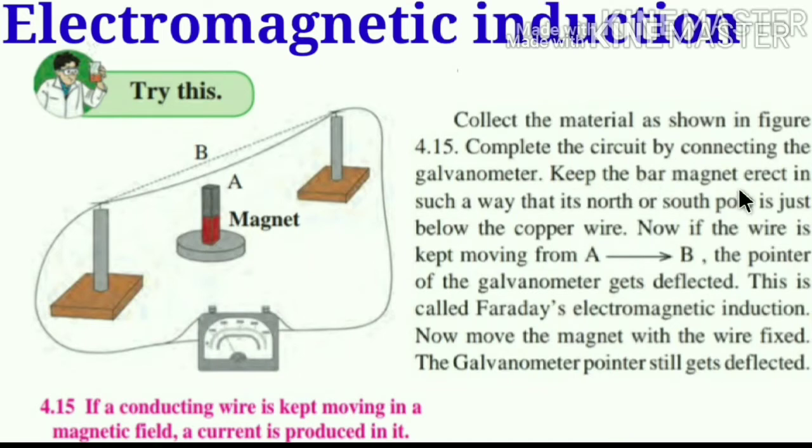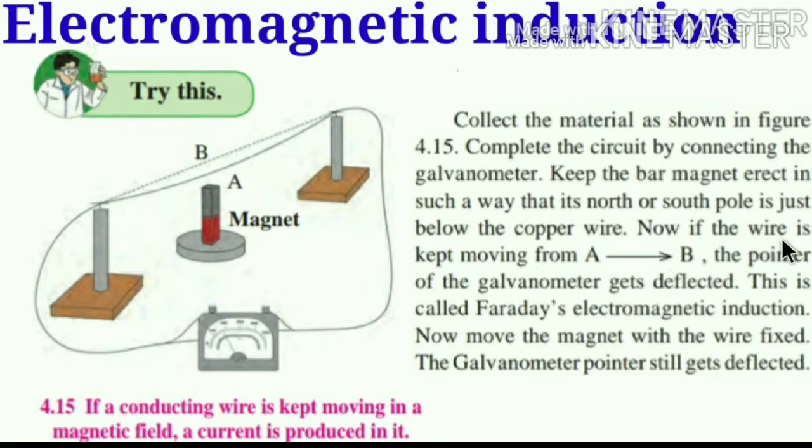Keep the bar magnet erect in such a way that its north or south pole is just below the copper wire. So we kept this magnet erect below this copper coil or copper wire.